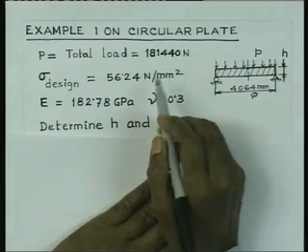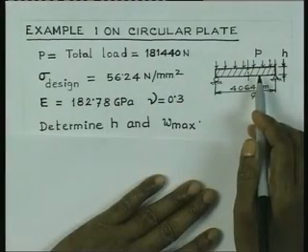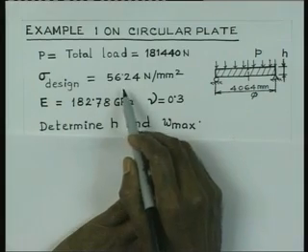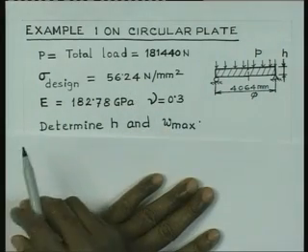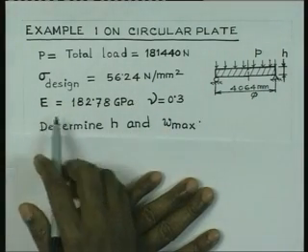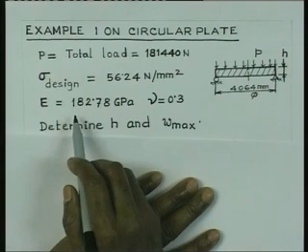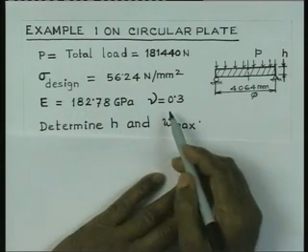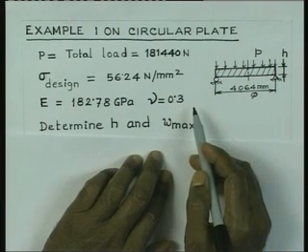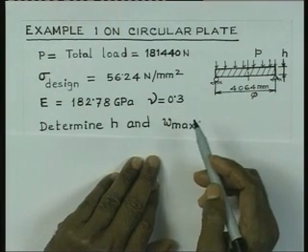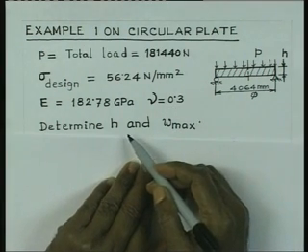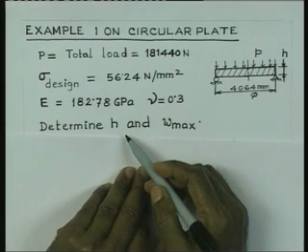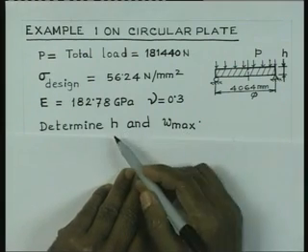The design stress for the plate is specified as 56.24 Newton per millimeter square, and E for the material, which is steel, is 182.78 GPa, and Poisson's ratio is 0.3. What is needed is to calculate the thickness h and the maximum deflection of the plate.